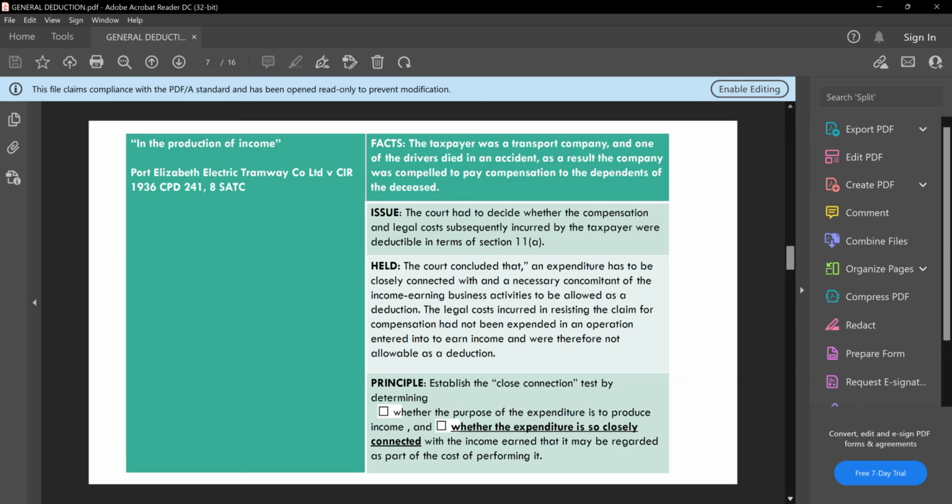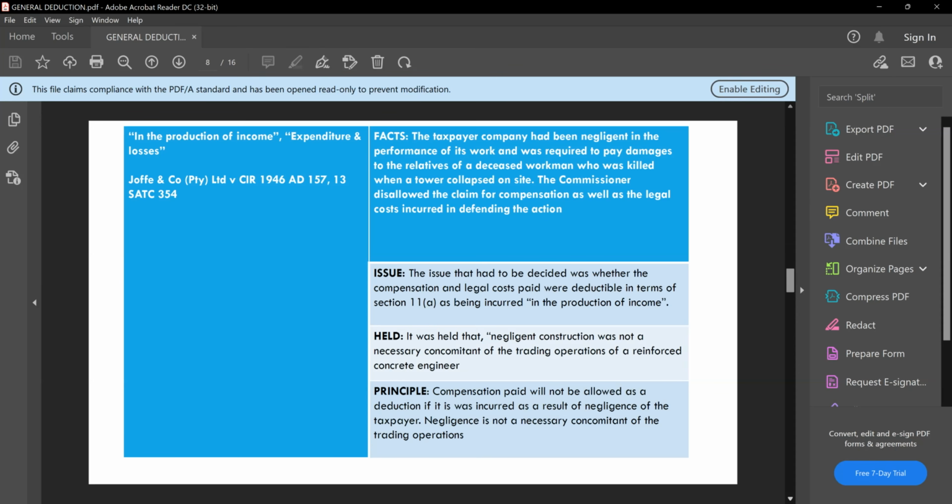So in a nutshell, if this expense is closely connected to the income earning activities, then that expense would be deductible in terms of the general deduction formula. But if this expense has nothing to do with the income earning operations or activities, such expenditure would not be deductible in terms of the general deduction formula.